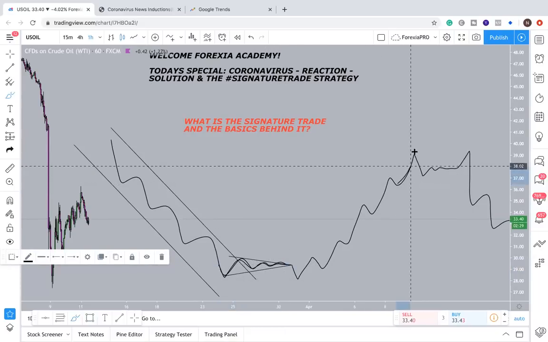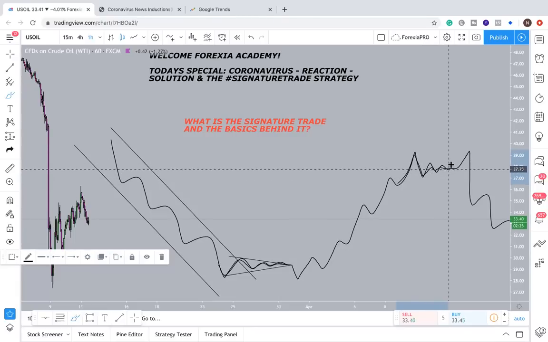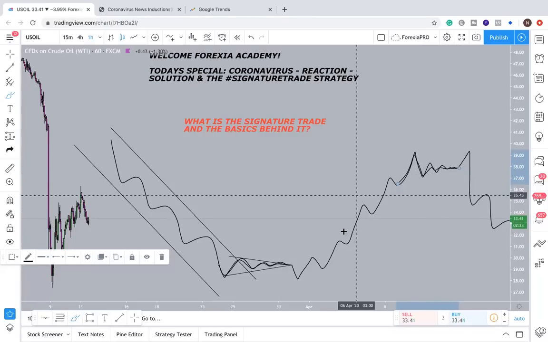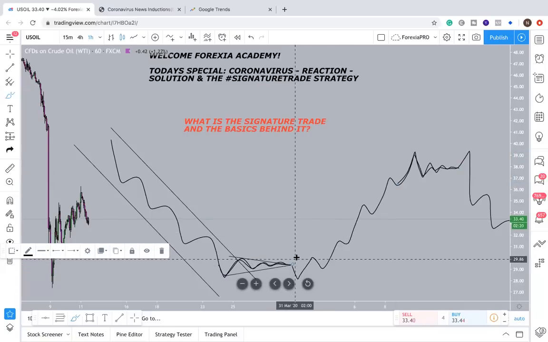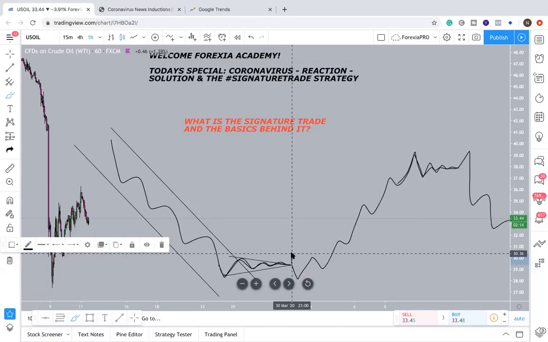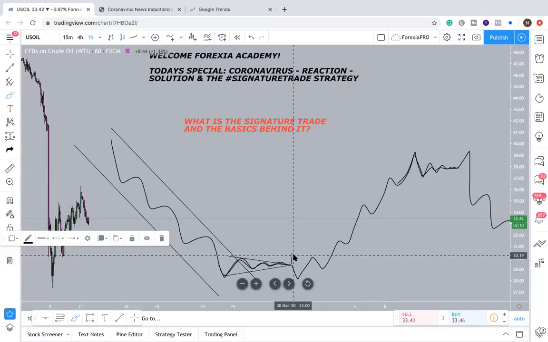It'll create that highest high and then it'll start consolidating to create that wedge. At the tip of the wedge is where all the retail traders are waiting to get in. They're waiting for what? That one candle that spikes out of that wedge and closes out of that wedge.